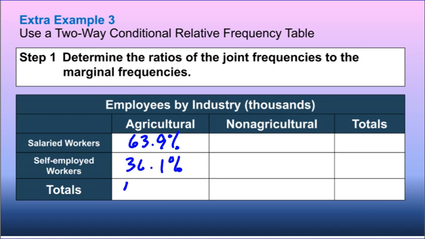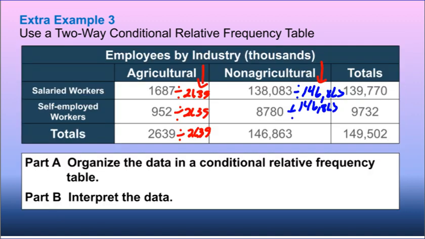And the total should be 100% down here. And we don't want that to be more than 100%. So when you're talking about just all agricultural, they should add up to 100%. Now the non-agricultural, we would take the 138,083 divided by 146,863, multiply it by 100, you would get 94%.